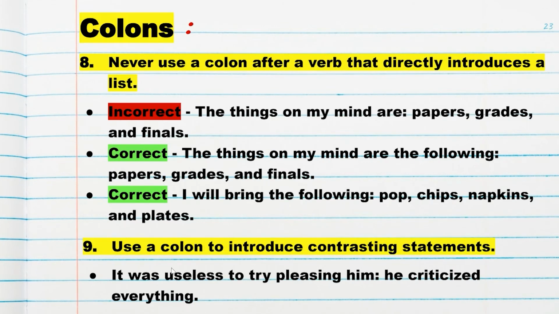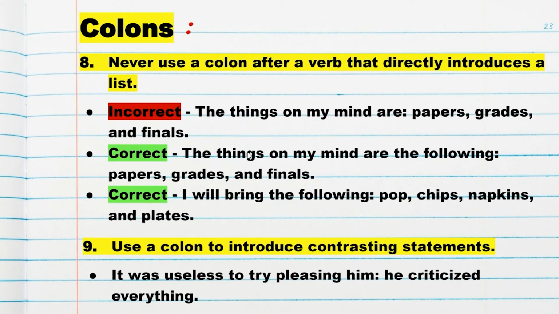For example, correct and incorrect. This one is not correct. For example, never use a colon after a verb. That is different when you include a list. The things one might need are, here the nouns, we can use the colons: peppers, grits, and vanillas.